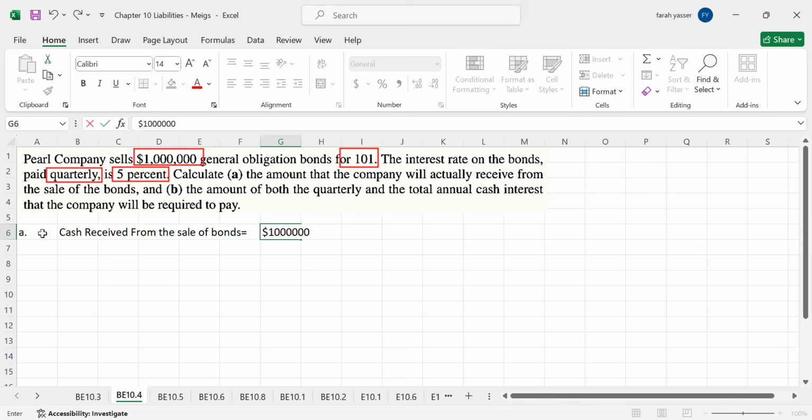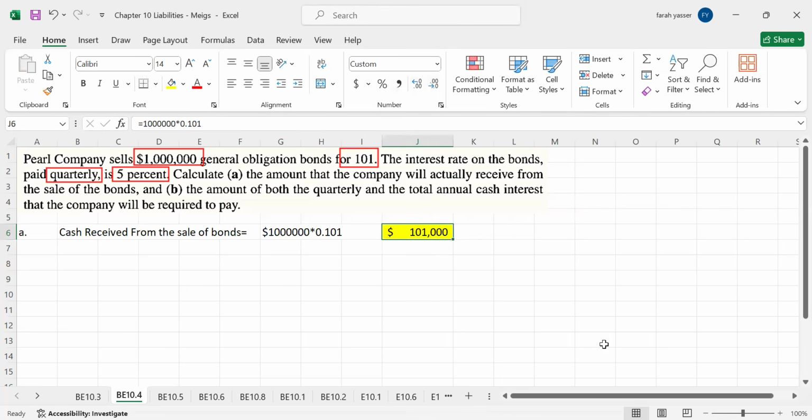$1 million multiplied by 1.01. So this is the actual cash that the company received. 101 means when we divide it by 100, converting it into percent, this is 1.01.